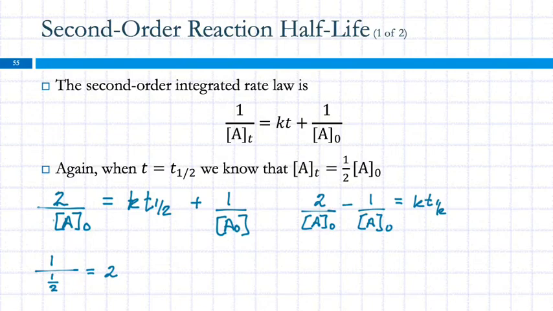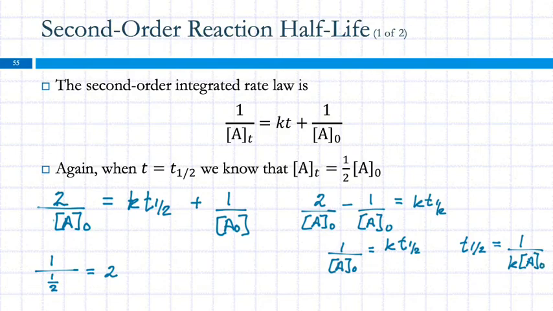So that's equal to 1 over A0. And if we want to write that so that T1/2 equals something, T1/2 is equal to 1 over the rate constant times the initial concentration.